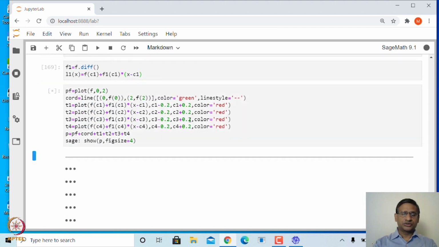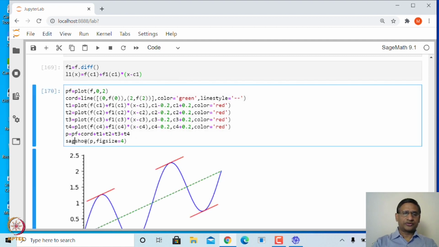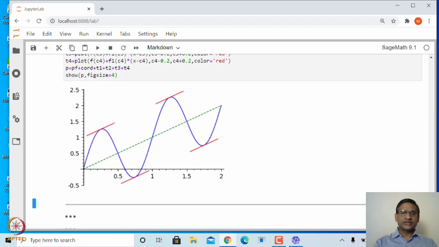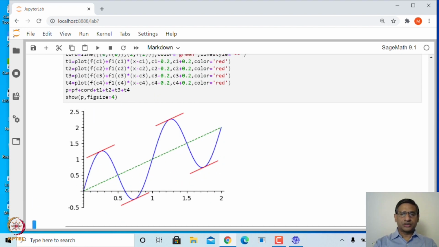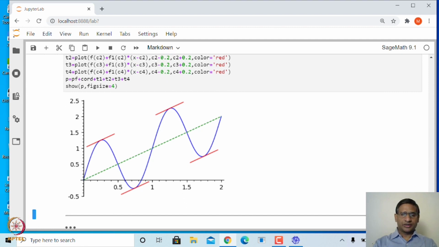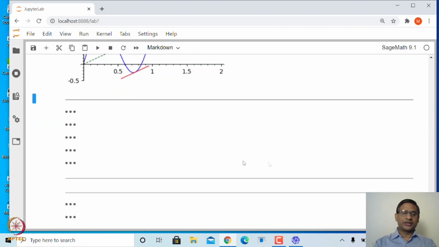Let me show you, this is quite easy. I do not require Sage here, but that is fine. Yes, that is the geometric meaning of the Lagrange mean value theorem. You could also apply this to Rolle's theorem and then explore its geometric meaning.